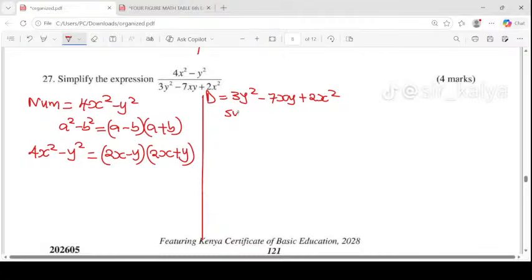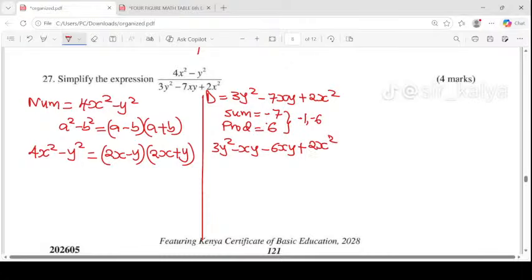I'm going to look for two numbers whereby the sum is negative 7 and the product of the two numbers is 6. So this is negative 1 and negative 6. So I'll have 3y squared minus xy minus 6xy plus 2x squared.